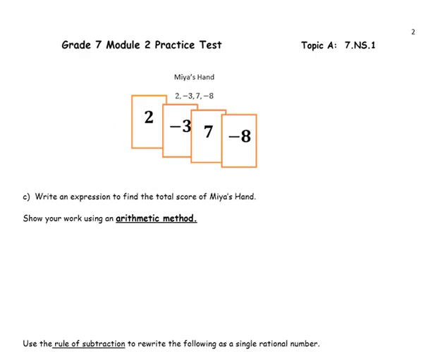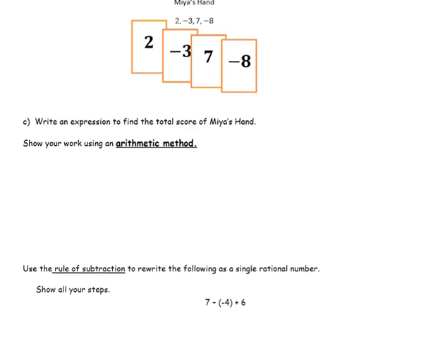Next, this is page 2. Write an expression to find the total score of Maya's hand and show your work using an arithmetic method. So I have 2 plus negative 3 plus 7 plus negative 8. Using the commutative property, I'm going to regroup the numbers with my positives at the front and the negatives at the back.